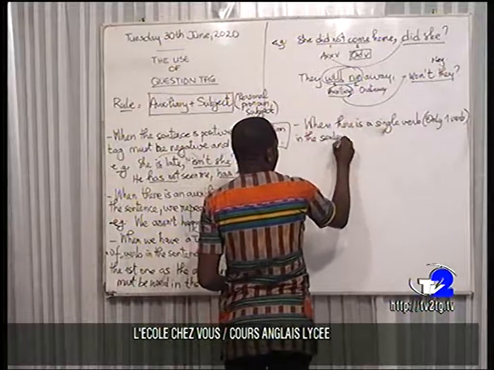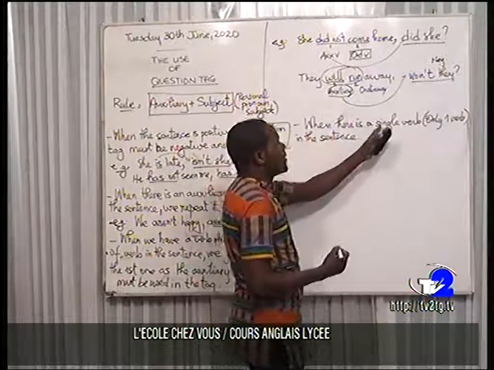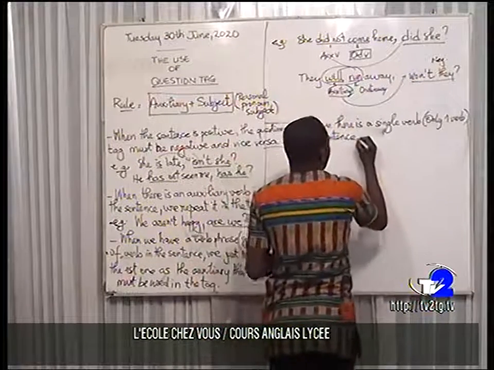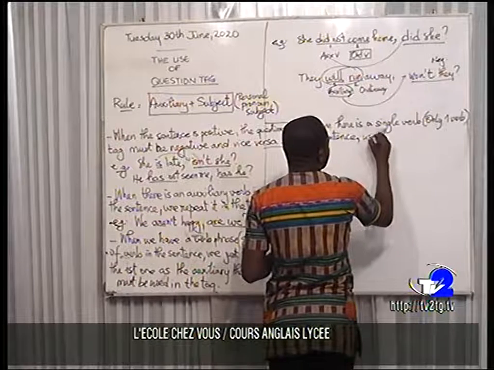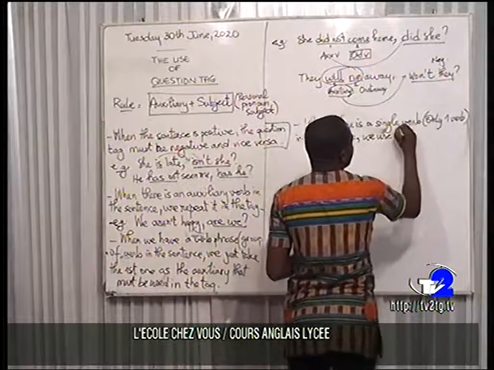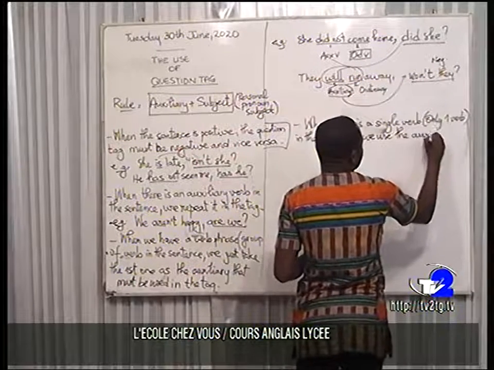What happens when we have a single verb in the sentence? We use the auxiliary do.